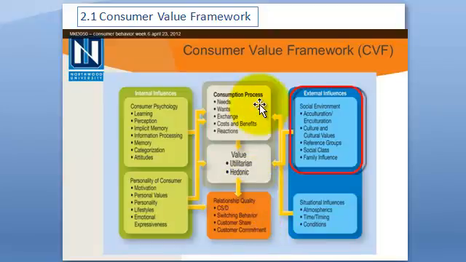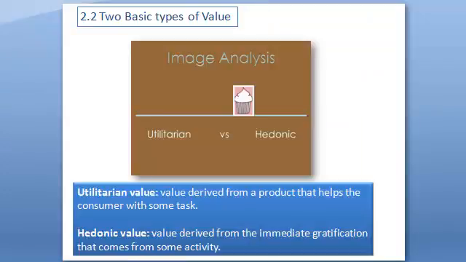All of these feed into the consumption process and the value, and this is exactly the way the book is laid out. We're going to talk about this, then internal, then external, then situational, and wrap it all up. So that's the framework of how all of this works.